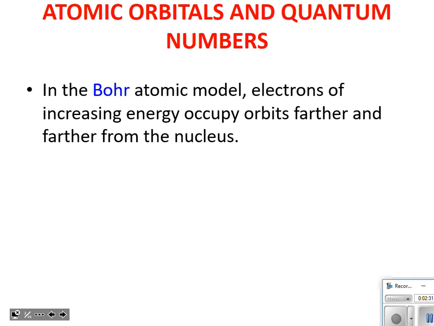Because remember that Bohr stated that the electrons orbit the nucleus. So, in the Bohr model, electrons of increasing energy occupy orbitals farther and farther away from the nucleus. So in terms of electrons with energy, the ones up close to the nucleus have the lowest energies. The ones furthest away from the nucleus have the highest energies.